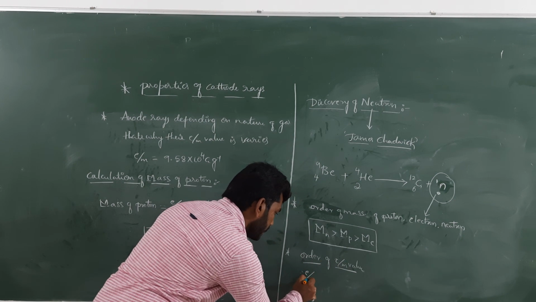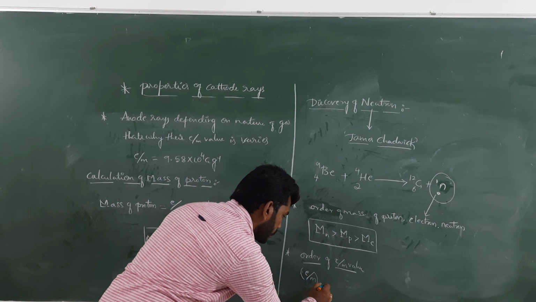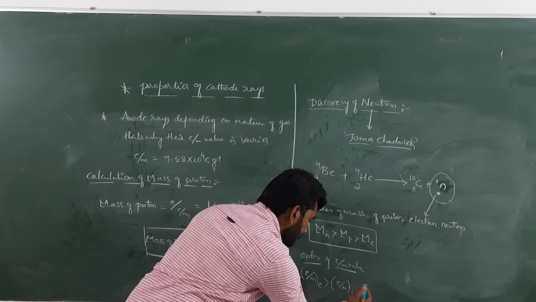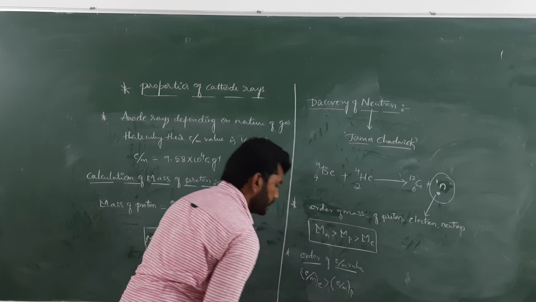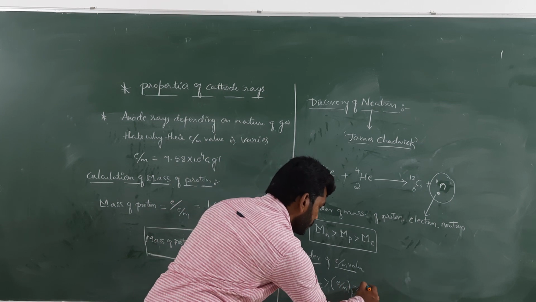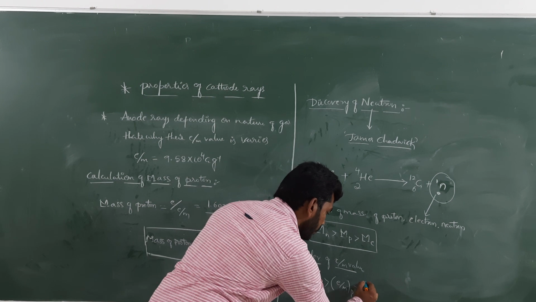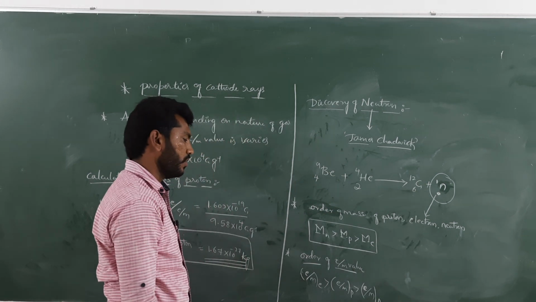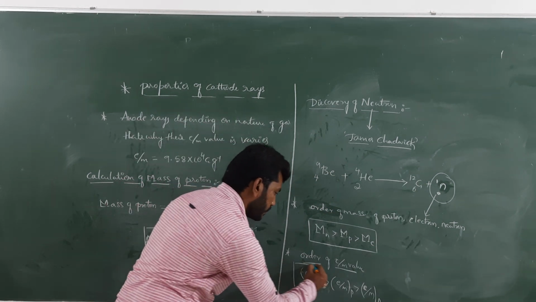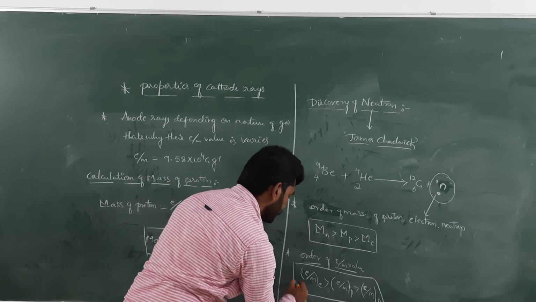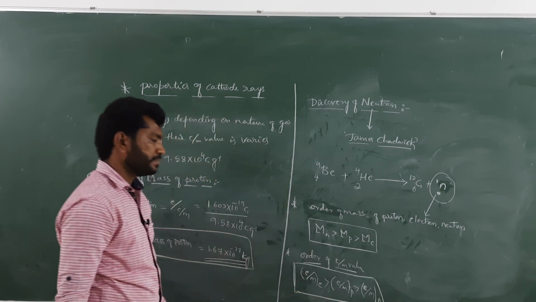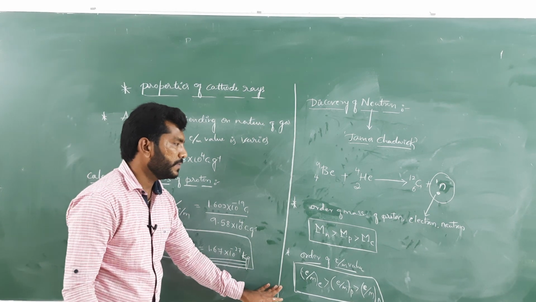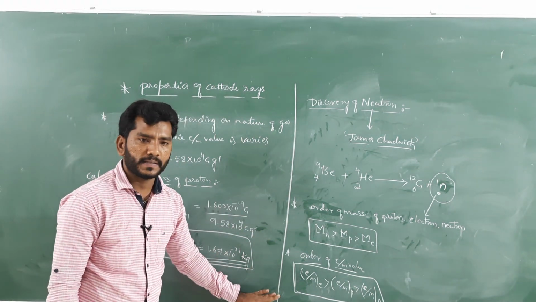E/m value of electron is greater than E/m value of proton, which is greater than E/m value of neutron. So this is also one of the most interesting and important orders. So this is all about the discovery of the neutron.